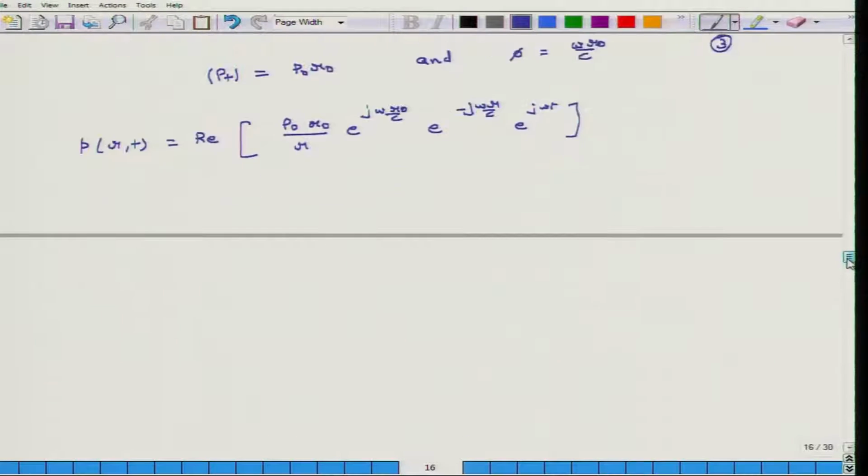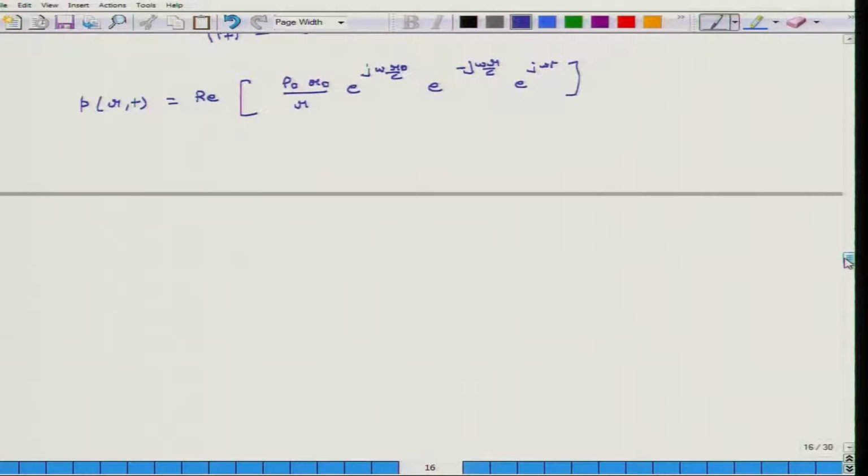And if we go back and look at our earlier lectures, I can write that the complex pressure is equal to, so I am going to just reframe this, P naught R naught divided by R, e to the power of j times omega t plus R naught minus R over c.